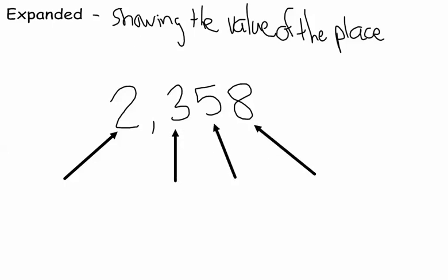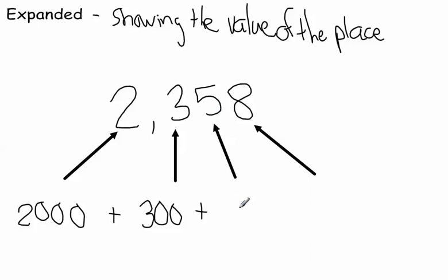And the way that we show expanded is just like what I said. We took the value of each of the digits. So this 2 is in the 2,000s place. So we start with 2,000, because that's how much that 2 is worth. And then we add the value of the 3. The 3 is in the hundreds place. So that 3 is worth 300. That's the value of that 3.